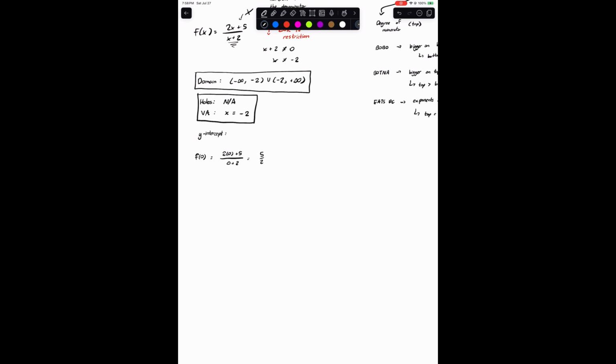This is 5 over 2. So our y-intercept as a point is (0, 5/2). For the x-intercept, this is when our f of x is 0, and we solve for x.